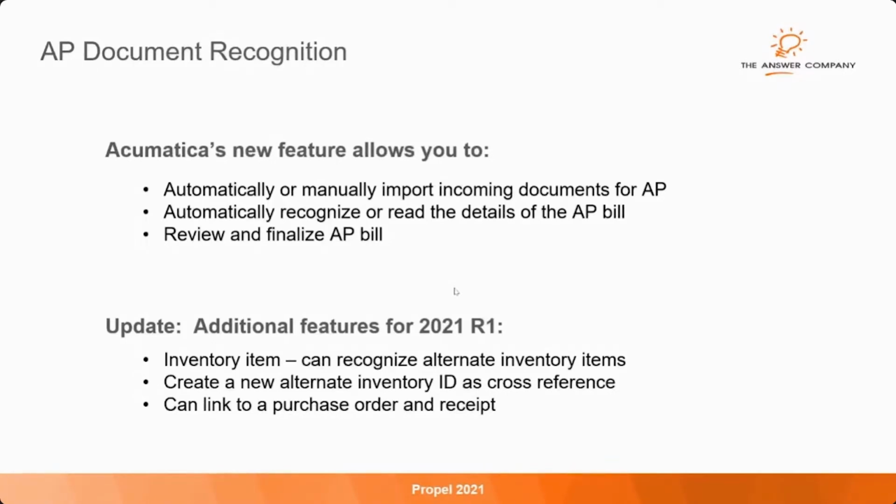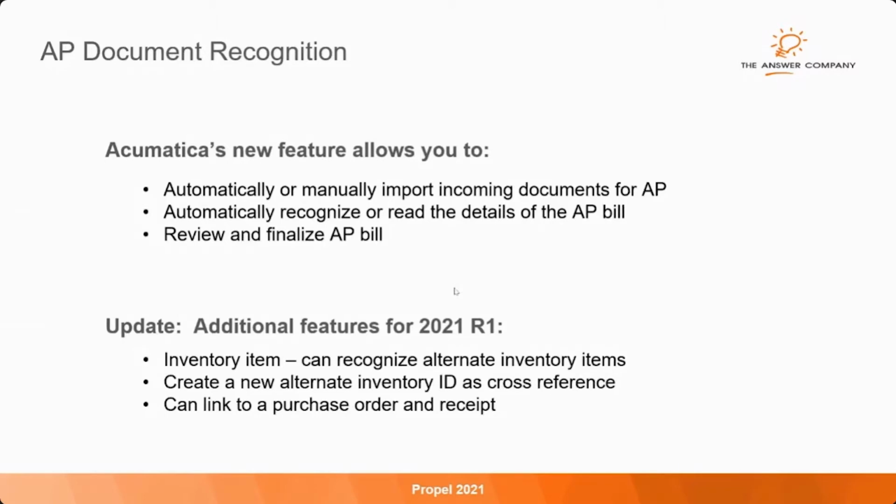Since the time of creating this, the version of 2021 R1 has added some additional features, which include being able to recognize inventory items that are alternate numbers from your supplier. So if you've created a PO and sent that off to your vendor and their invoice shows their invoice or inventory ID, if you've created an inventory alternate ID in the system, it will be able to recognize that.